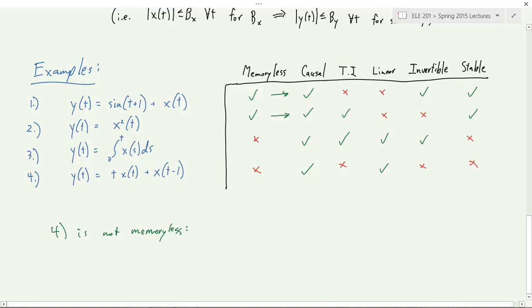However, an argument using the mathematics would be to give an example of an x. How about x1 of t equals, let's say, rect of t, and x2 of t equals rect of t over 2.